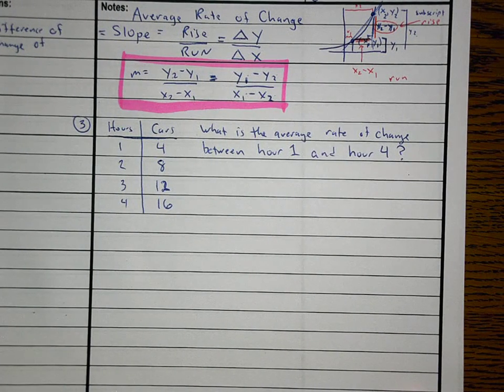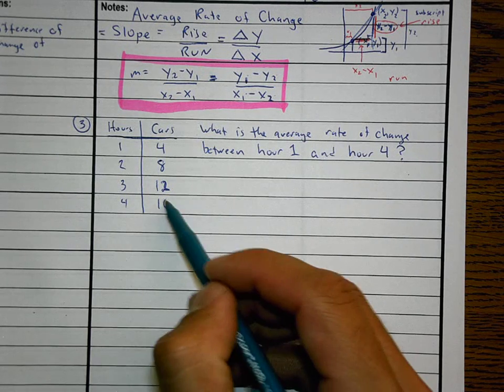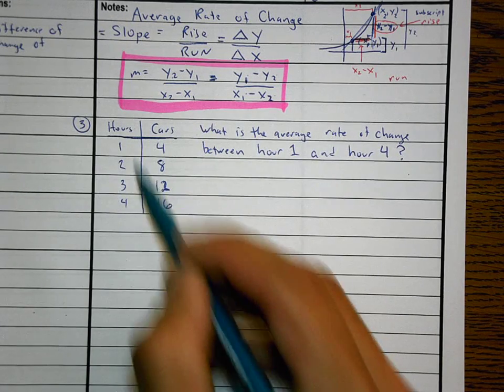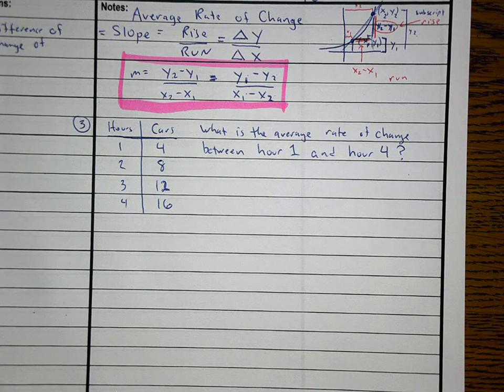What is the average rate of change between hour 1 and hour 4? So what are they asking us to do? They're trying to say, okay, if this is your second point and this is your first point, what's the average rate of change? They're asking you to find the slope.